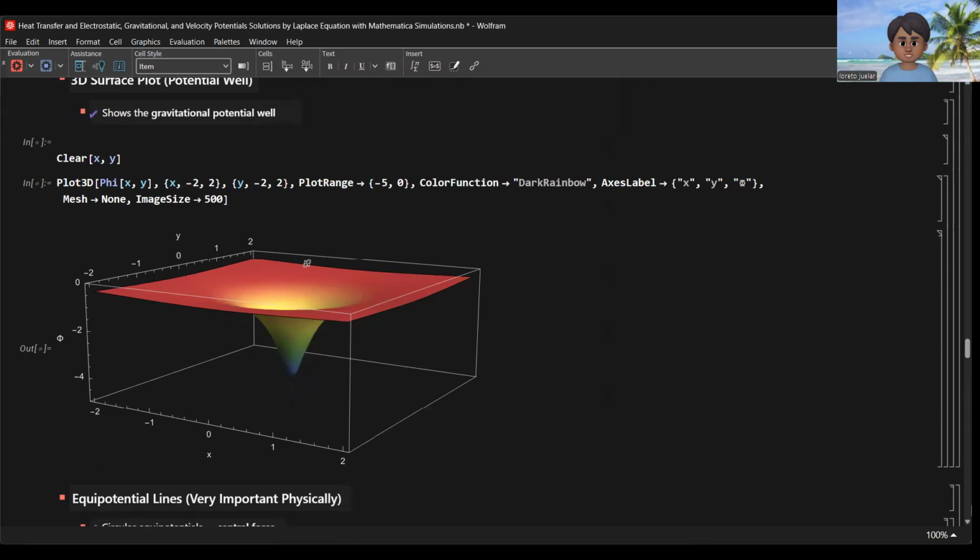So this is the potential equal to 0 here. So we have the potential from a massive object here, for example, the Earth. The potential here at the center is maximum.